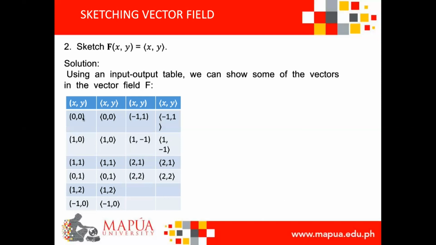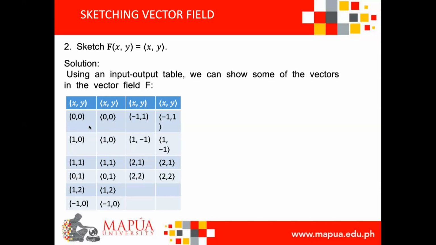So take note that these coordinates x, y are considered as a point, while these are the components of your vector field. But we can treat this as your initial point, and this will be your terminal point. And then when you connect these 2 points, it will form a vector.